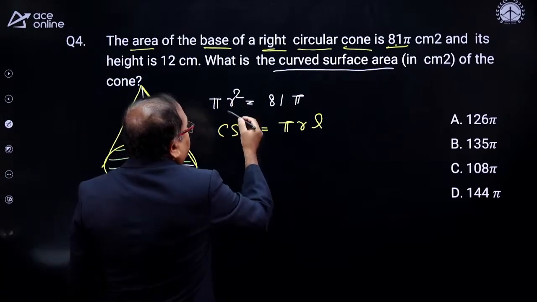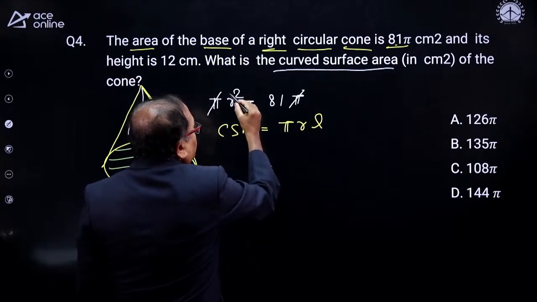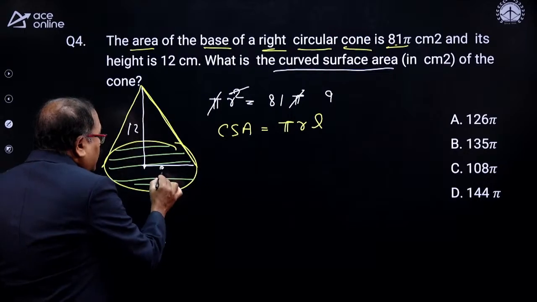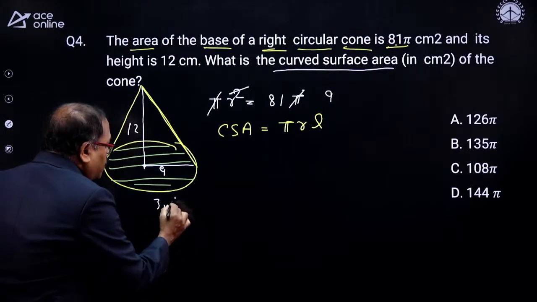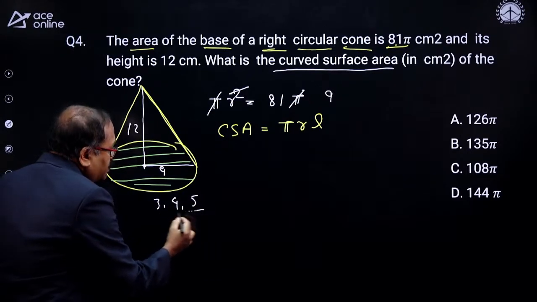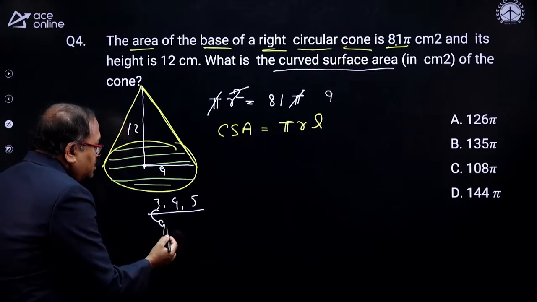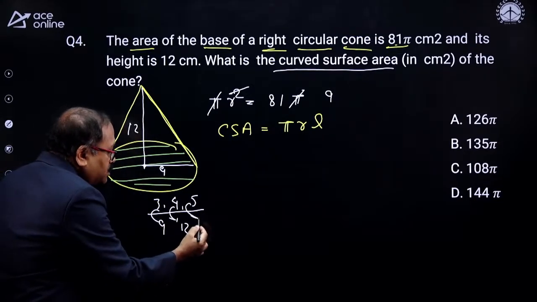So what is R? As pi gets cancelled, R square is 81, then R is 9. So if this R is 9, we know one triplet, which is 3, 4 and 5, the triplets of a right angle triangle. So this is 9 into 3, this is 9, and into 3 this is 12. Then what will be this into 3?